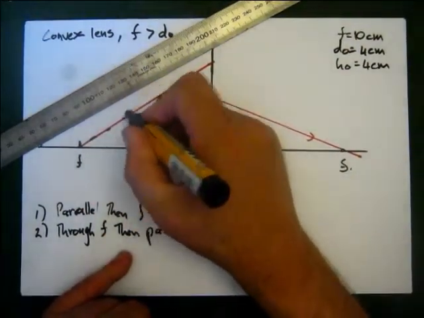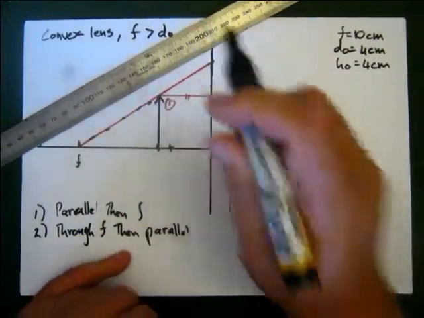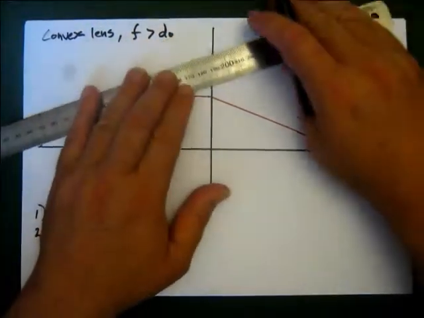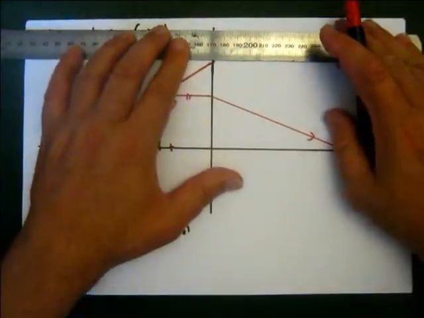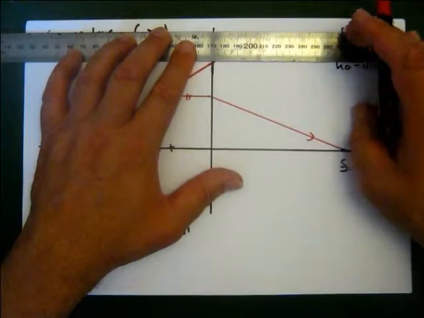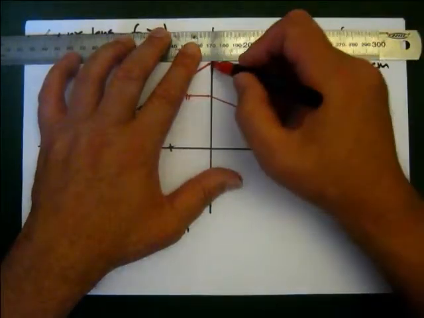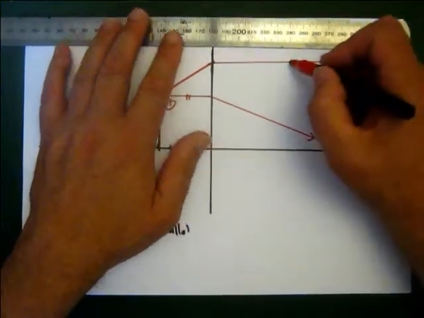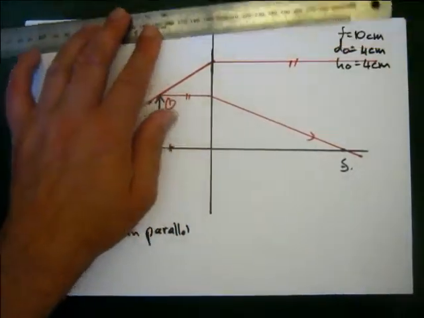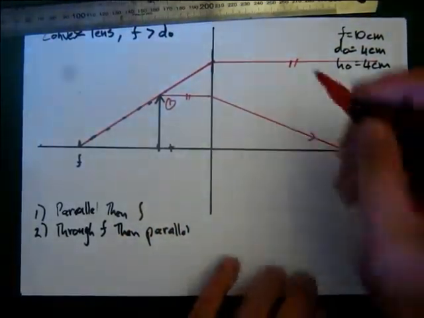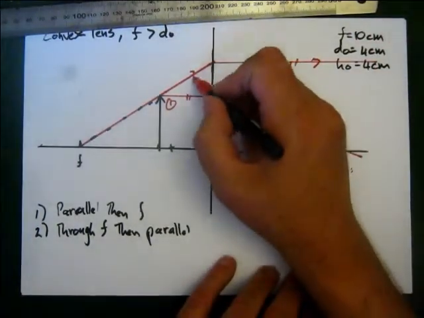That just shows it's not a real line. That's a virtual line. Okay? And then it goes parallel. I don't think that's parallel, but we'll live with it. Okay, so this is ray 2.